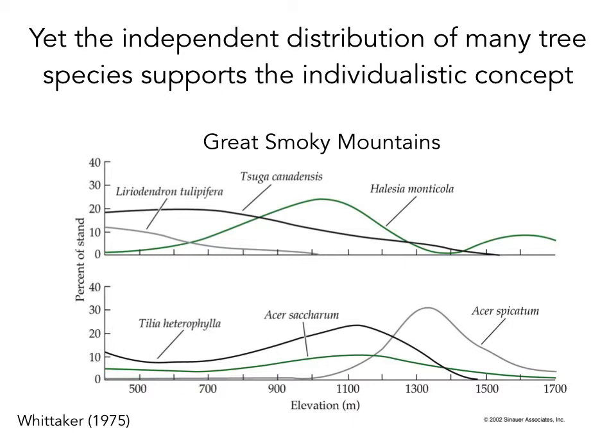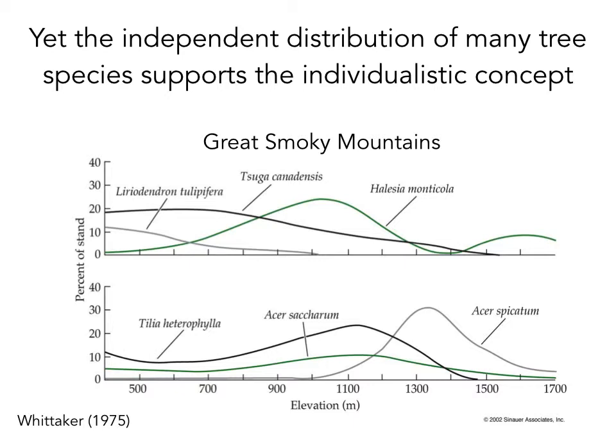And this is along an elevation gradient, so you can see towards the left is lower elevation, towards the right is higher elevation. If you follow along in each of those two panels, let's say we look at the top, we'll see that at lower elevations we tend to have forests dominated by Tsuga canadensis and Liriodendron tulipifera.